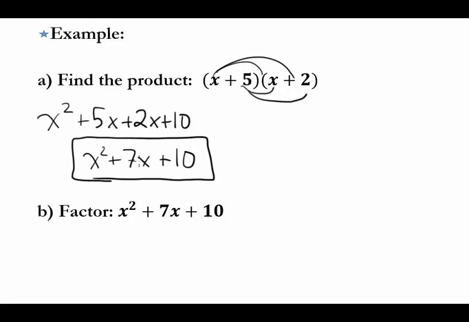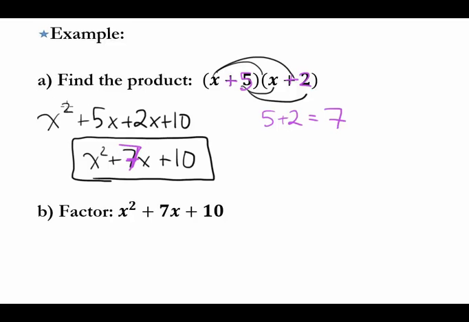And we've seen before that there is this sort of pattern, where if I look at these numbers, positive 5 and positive 2, and I say the sum of these numbers, 5 plus 2, well, that's equal to 7. There's a 7 right there.